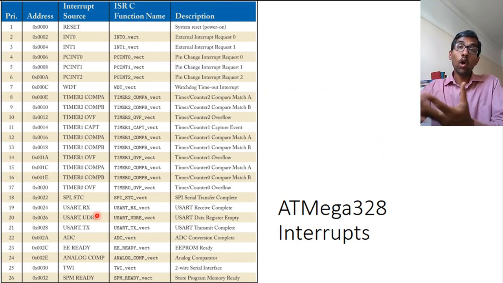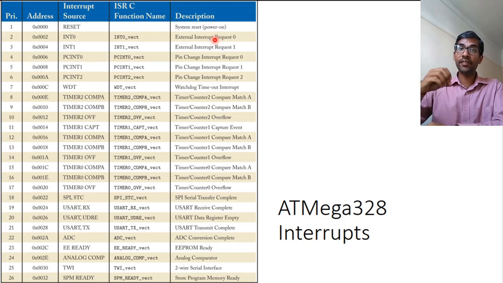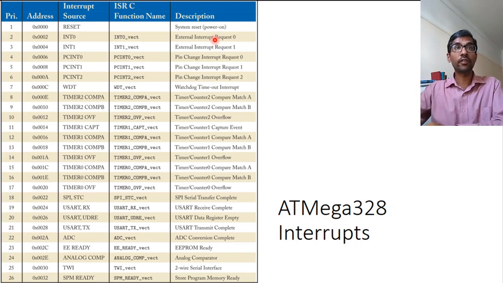Now, there are a lot of interrupts in Atmega 328, and of course, there are some external interrupts, which means some signals that are connected to the microcontroller from some external devices can cause an interrupt in your program. But I think some of the interrupts that we would be concentrating on in our module would be the timer interrupts.